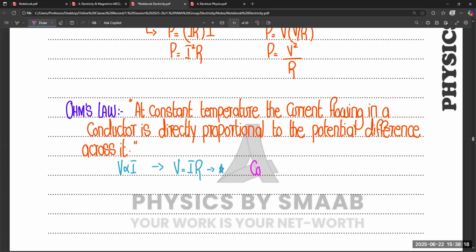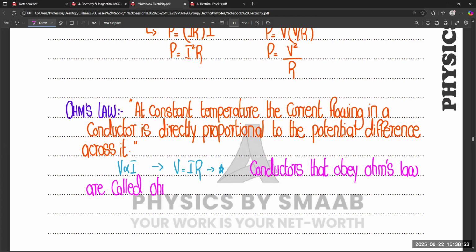And conductors that obey Ohm's law are called ohmic conductors.